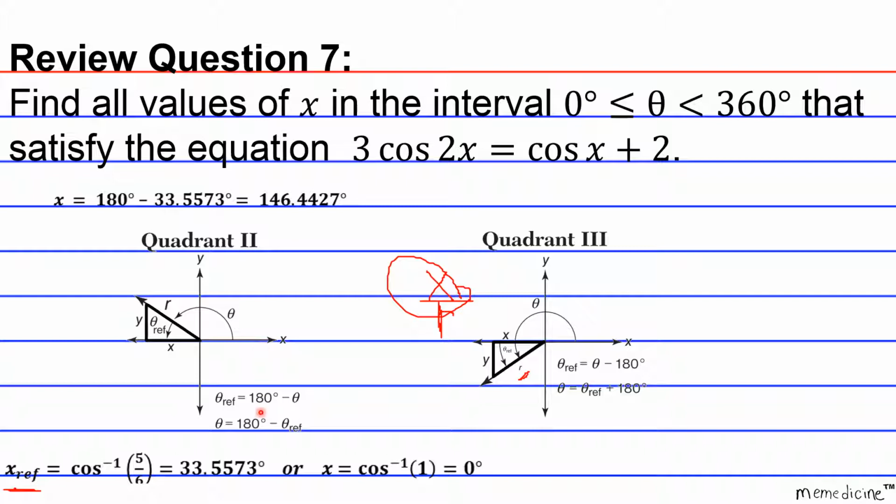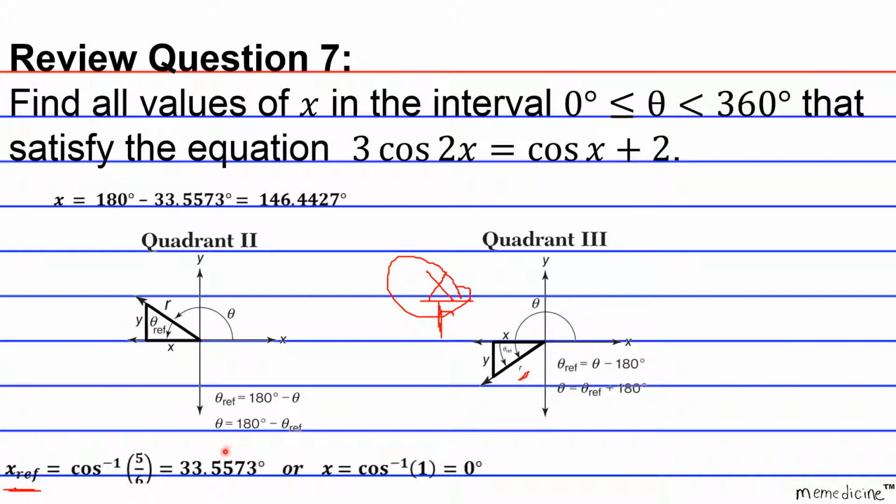And here we are showing that formula, that theta in quadrant 2 is always going to be the quadrantal angle bounding the quadrant, minus theta reference, which yields theta.